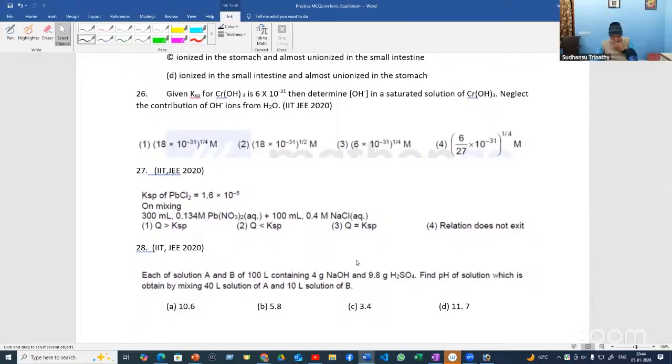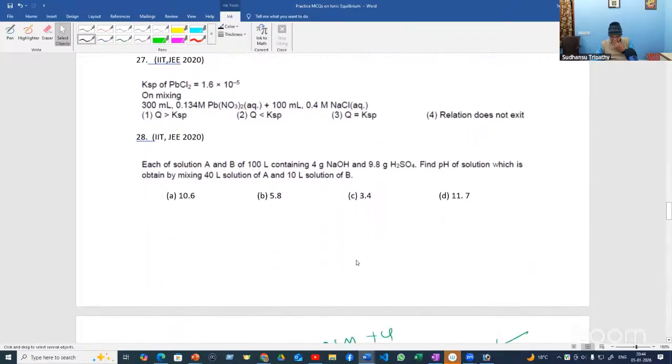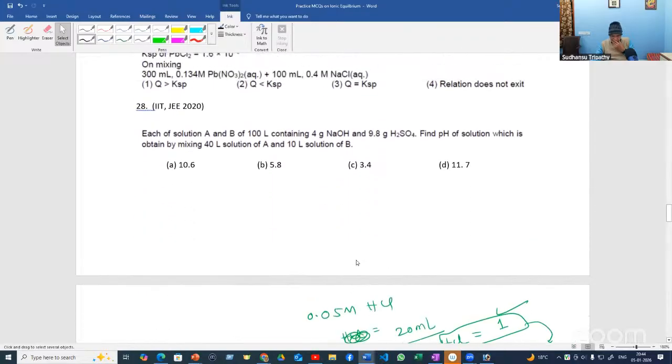This is not a mixing problem. And you know, in a mixing problem, in titration, while mixing, if you get some strong partner remaining in excess, then the salt has no role to play. You ignore the salt, find out the excess OH minus or H plus and find pH, right?